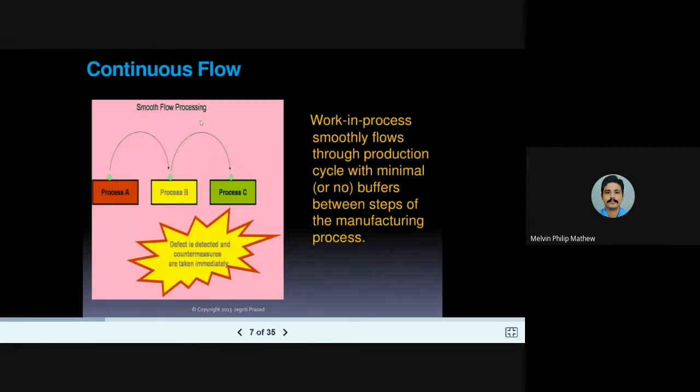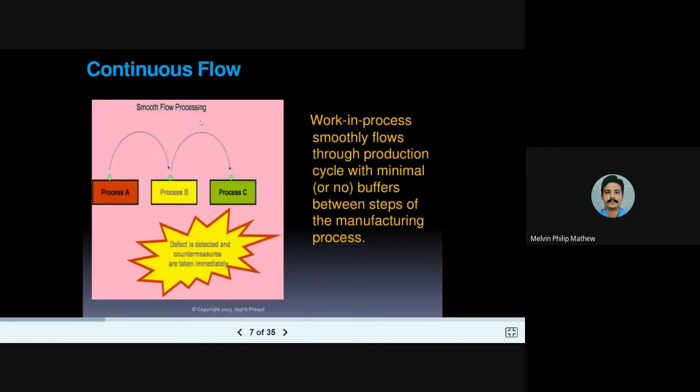So in continuous flow, suppose the equipment fails. This is because maybe we haven't done the periodic maintenance, or the maintenance required and proposed by the company is not being done by the industry personnel. If such a thing happens, obviously there will be a failure of the machine.